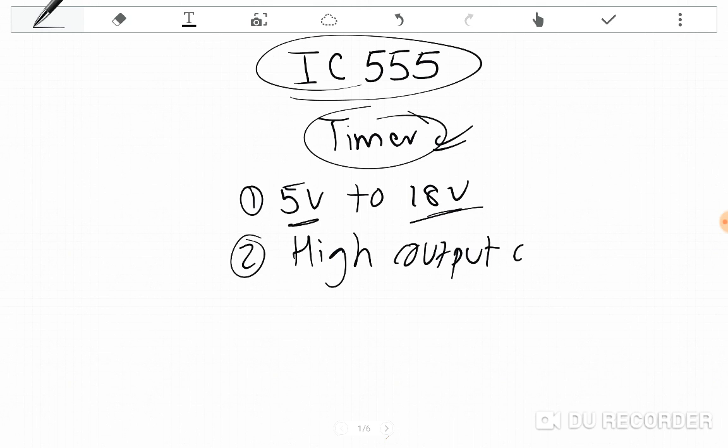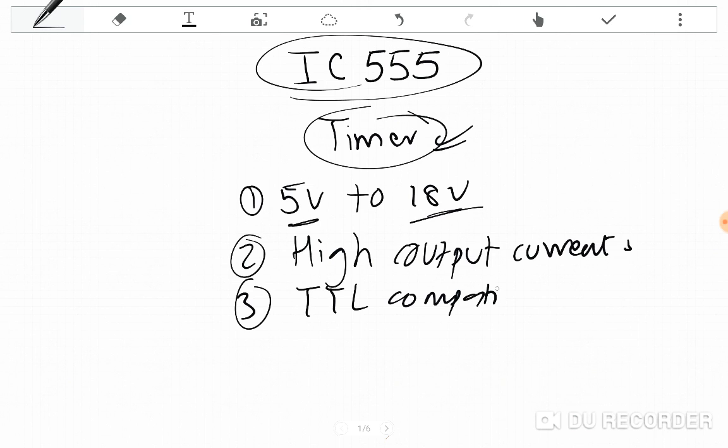We need not go into the detail of this topic. The third reason we use it is that it's TTL compatible. Again, this is not very important. So basically these are the main features why IC 555 is so popular among student use, and large scale or small scale industries.